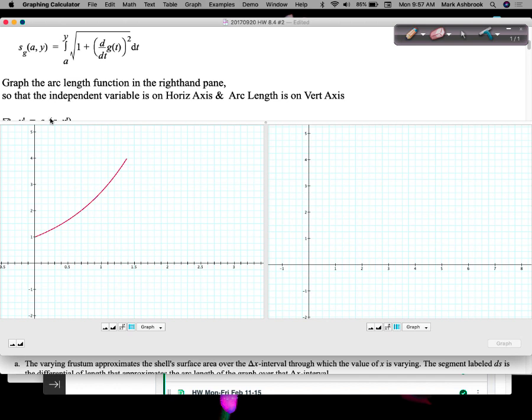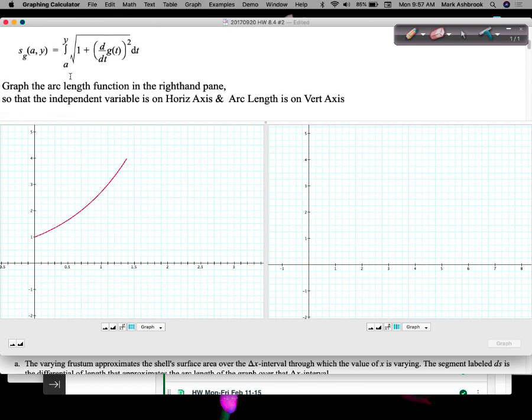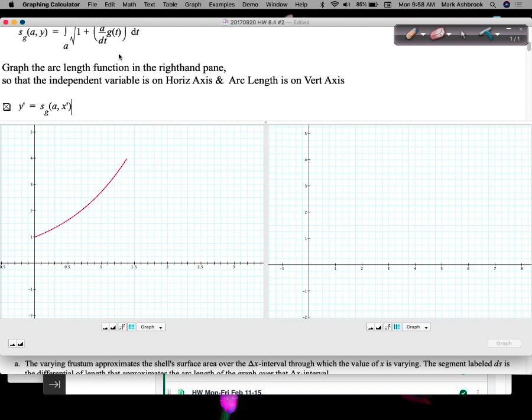We know that's from the y of our graph. So we would have to change the integral from a to x, or we could leave it a to y. As long as these two symbols match, it doesn't matter what they are, because it really comes down to this, g of t. That's really the key, that this is the dependent variable of the function. Did that help? Yeah, okay.